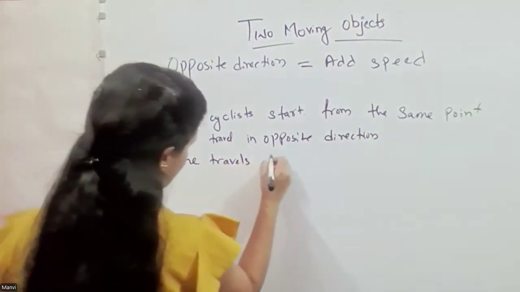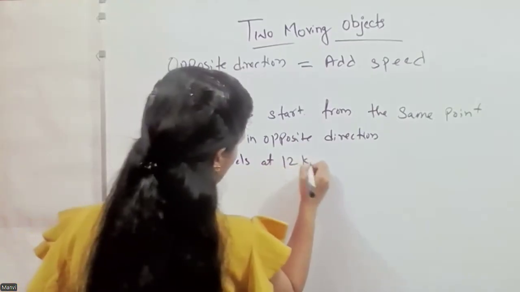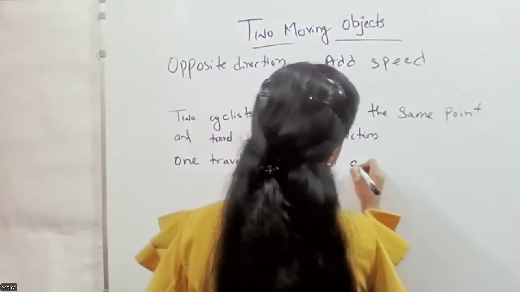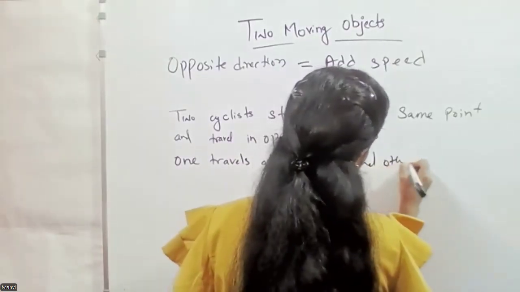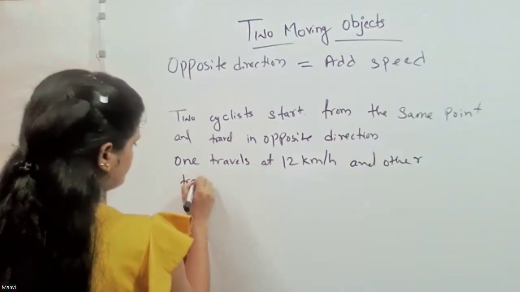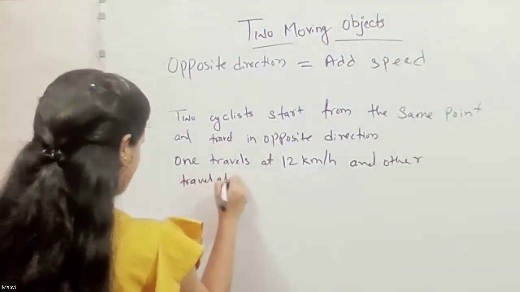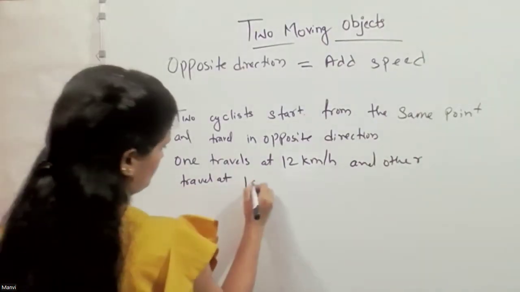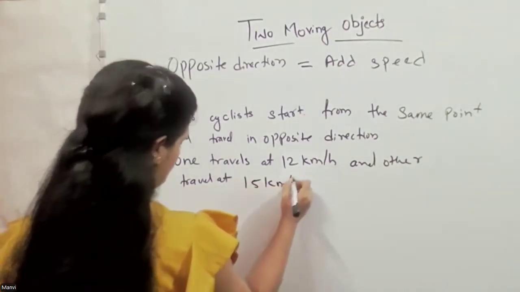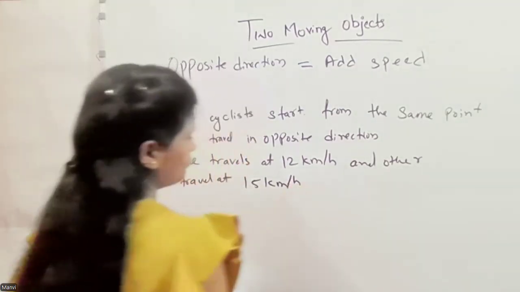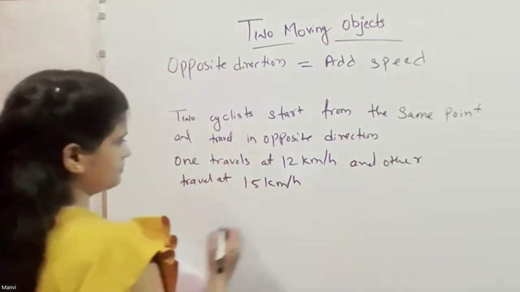One travels at 12 kilometers per hour and the other travels at 15 kilometers per hour.